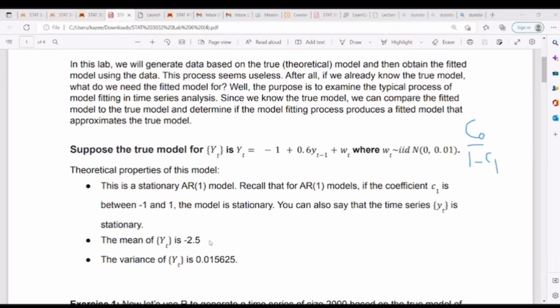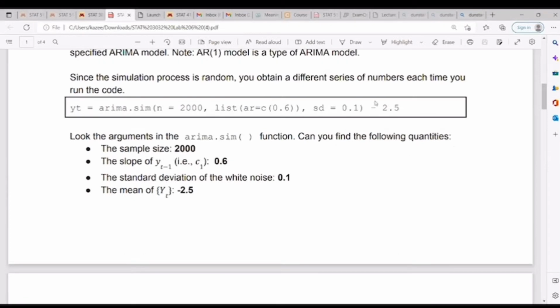So what I have here is a theoretical mean and a theoretical variance, but you know what we want to do now. Using this model with the parameters that we have in it, and the expression for the variance of WT, we want to simulate a data set from which the C0 and the C1 were computed.